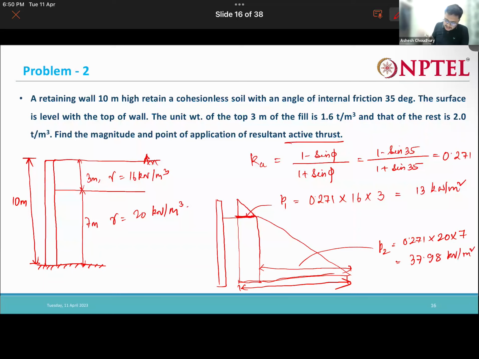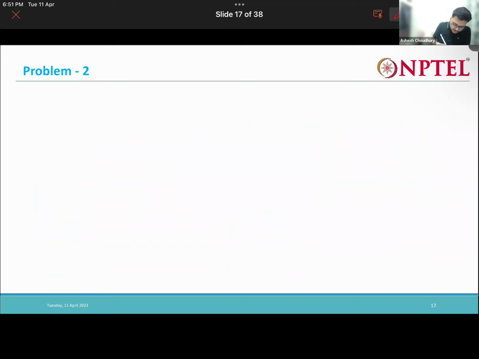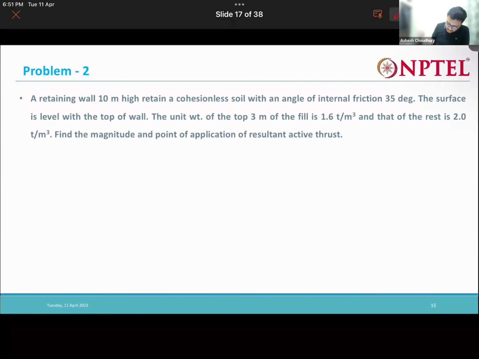Now, to determine the active thrust, what we need to do is find the area of this figure, right? So let us do that. So total P active will be nothing but this area.